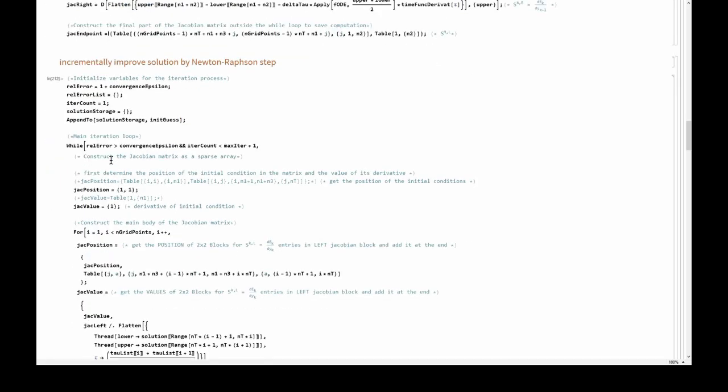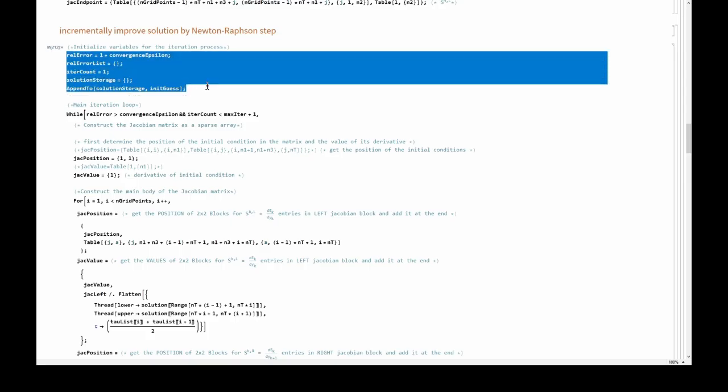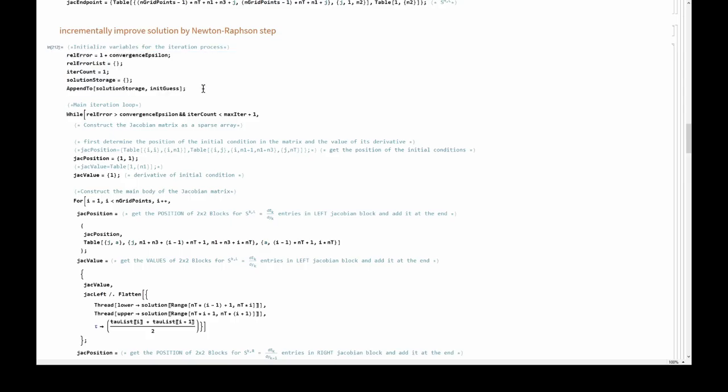Okay, and this is when the incremental improvement starts. This is where we start looping over solution after solution after solution, like you saw in the Newton-Raphson introduction, to iteratively improve our solution. So first, with these algorithms, you need to initialize them.